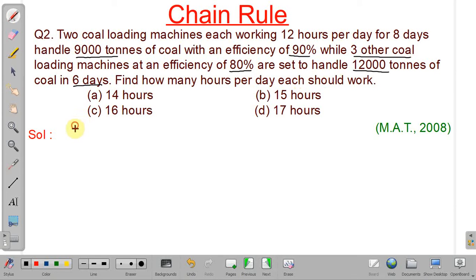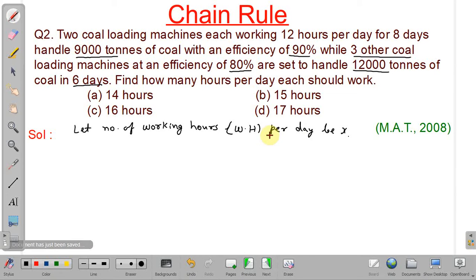Okay, so number of working hours per day we need to find for the second case. So we will assume, let the number of working hours per day, we will denote working hours by WH, be x. Okay. Now we will see the relation of working hours with respect to number of machines, number of days, amount of coal to be handled, and efficiency.